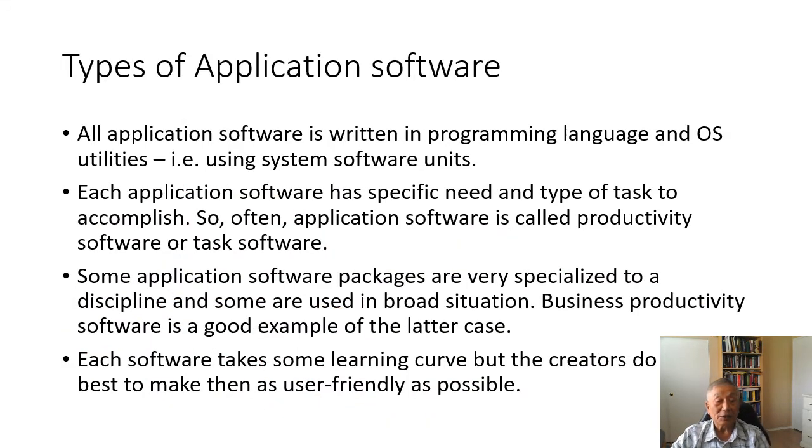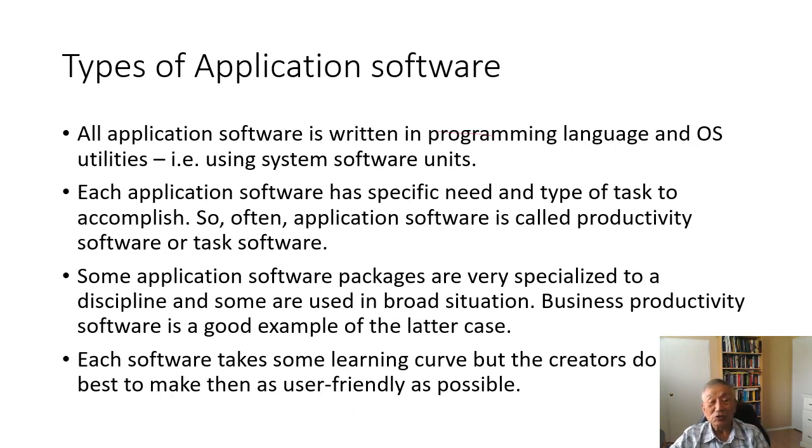Then the type of application software. All application software is written in programming languages. A lot of the application software is written in C. Some of it is assembly code, and some of it is Python and Java, like that.